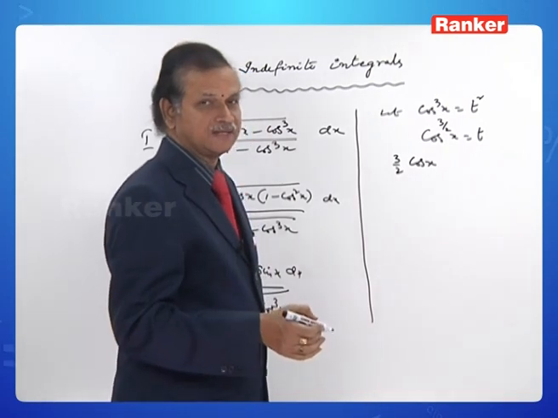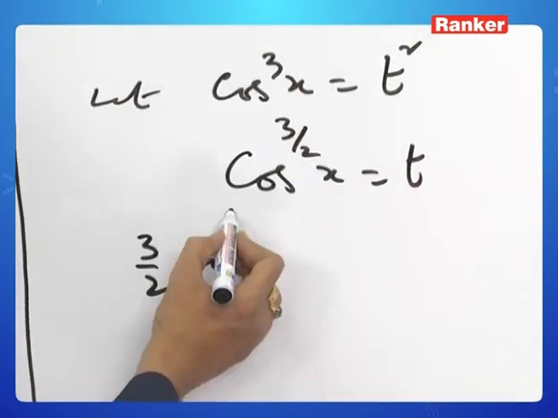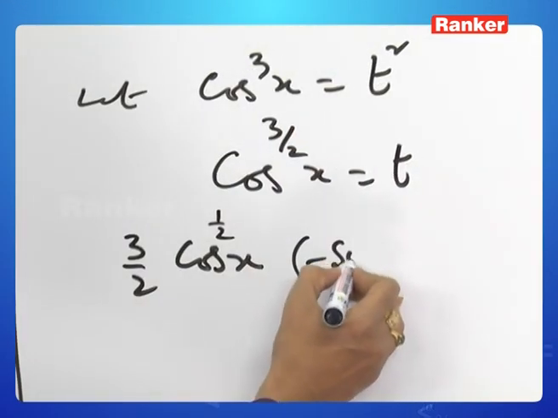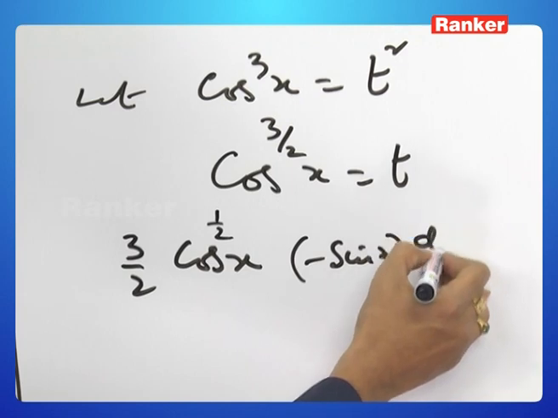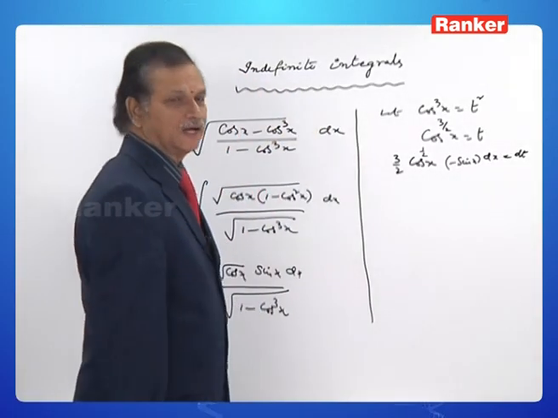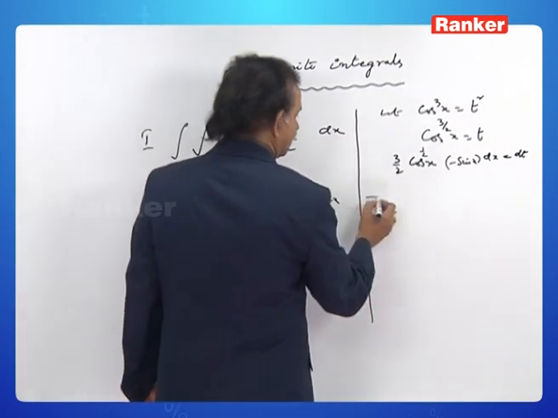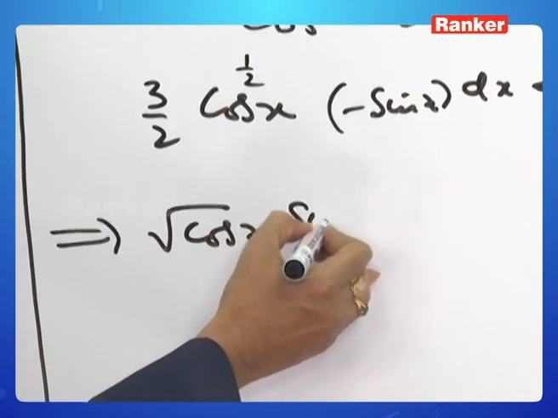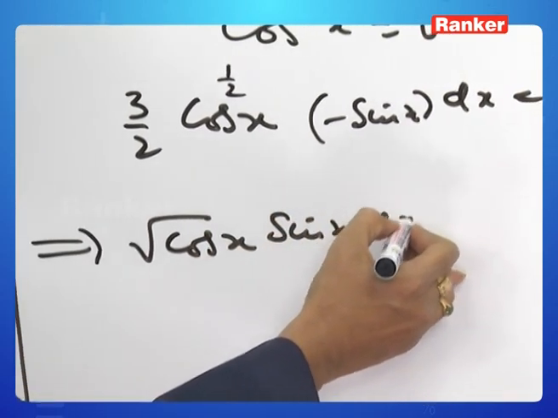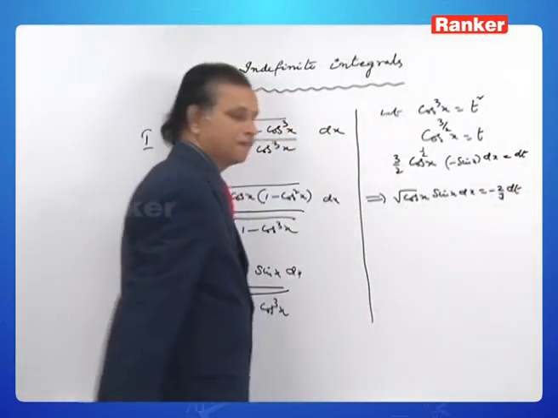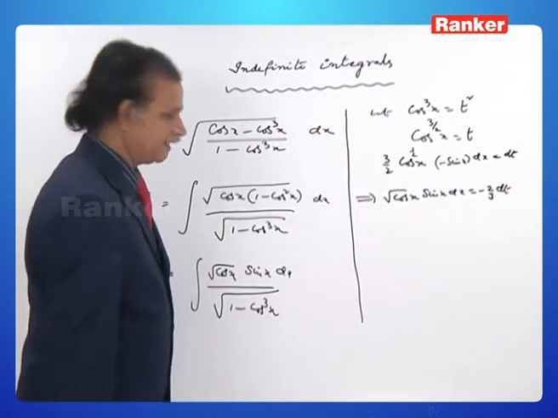What is 3 by 2 minus 1? It is half. Cos x whole power half into derivative of cos x, which is minus sin x dx, is equal to dt. Implies, what is cos x whole power half? Root cos x into sin x dx is equal to minus 2 by 3 dt.